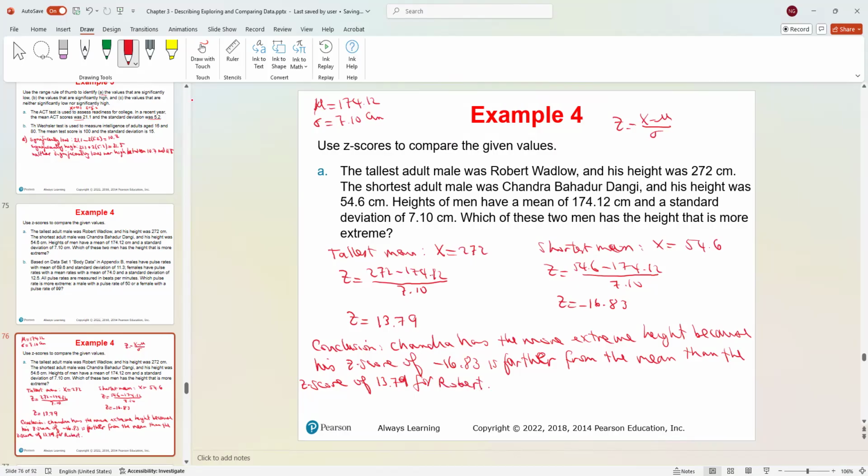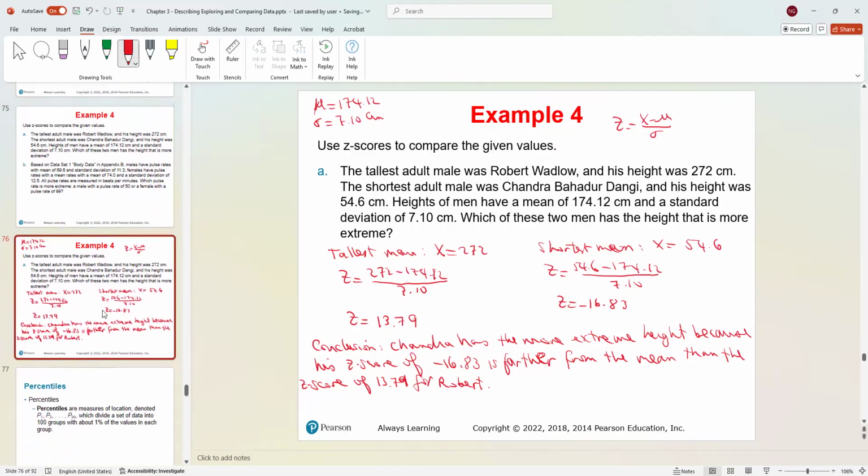It's further away. Usually I do one, and I let you do another one, because you need to enjoy doing those examples before we focus on the percentiles.